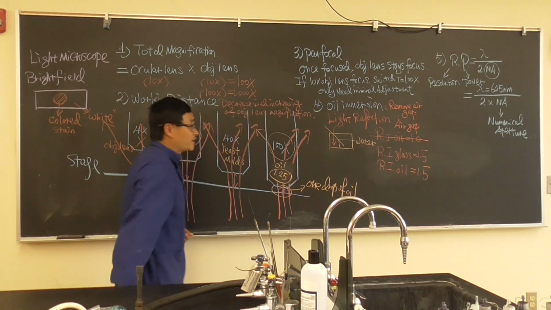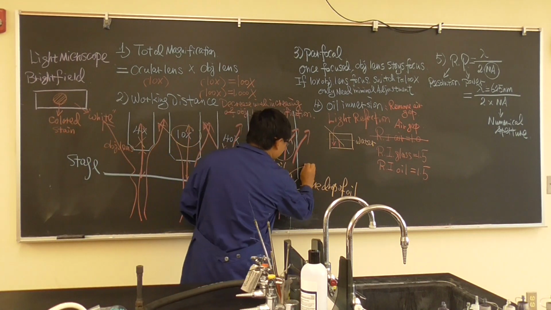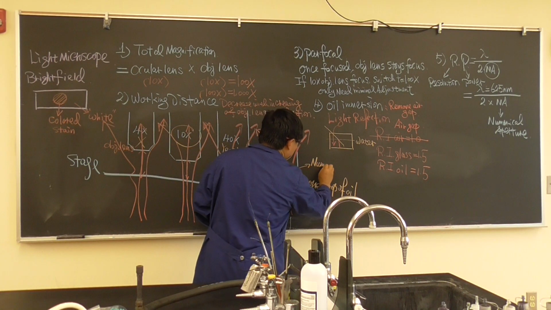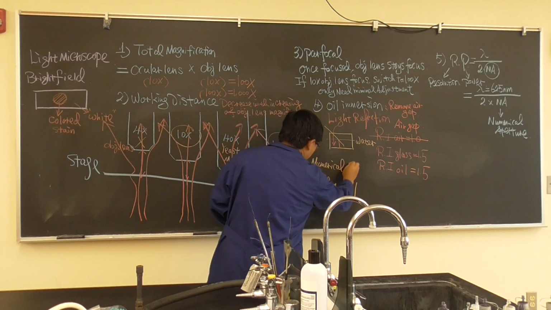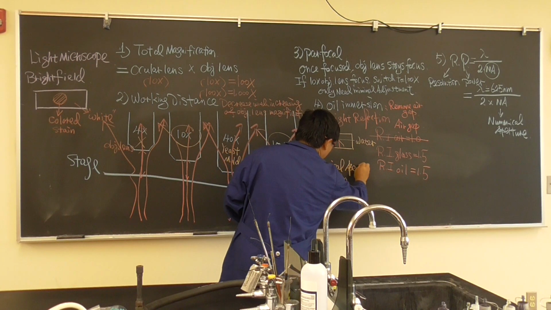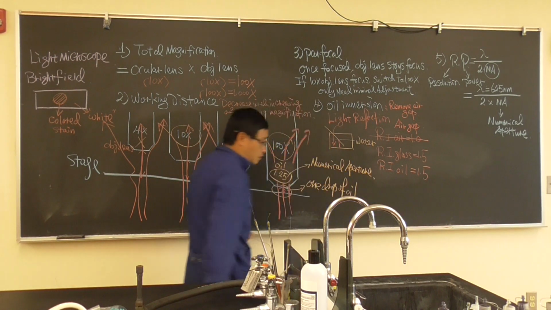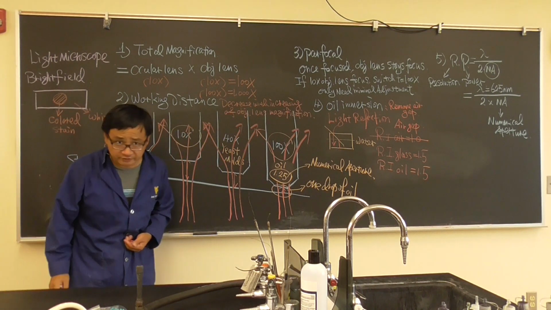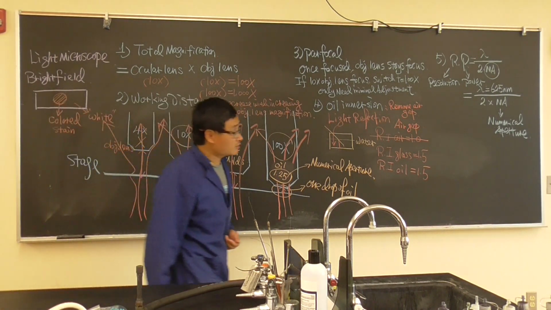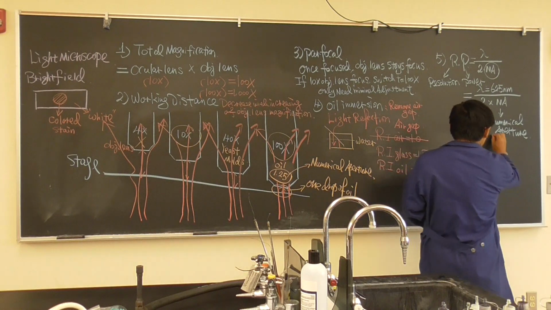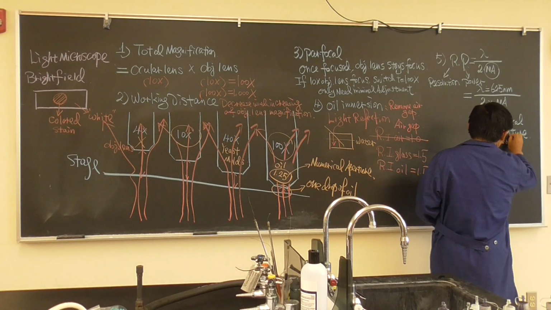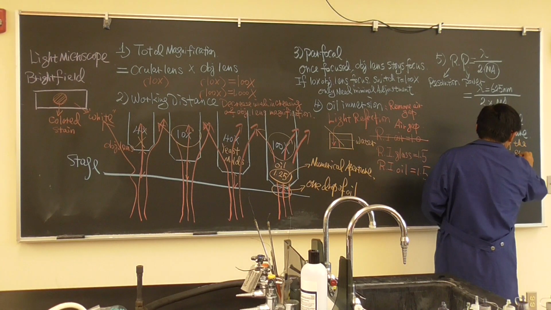This 1.25 is called numerical aperture. I always say this is like the size of the engine, like the size of your car engine.